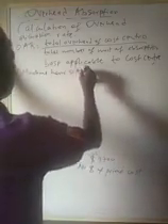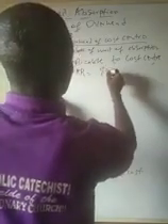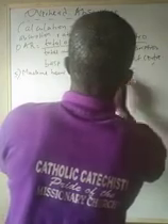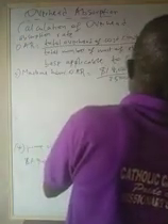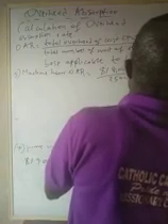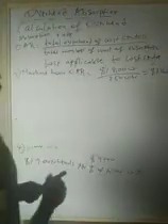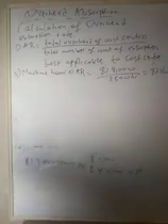According to the formula, the total overhead of the cost center is $18,000, and according to the question, total machine hour is 2,500 machine hours. When you divide that, you arrive at $7.2 per machine hour.